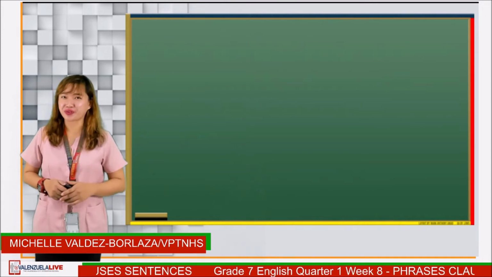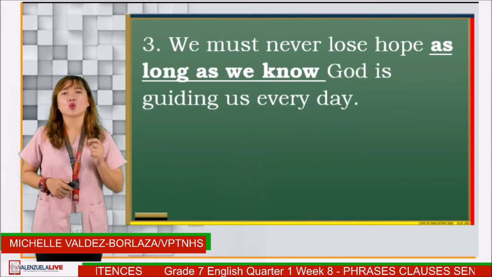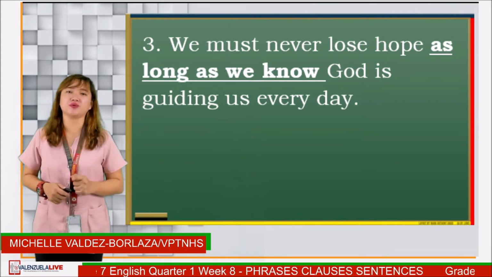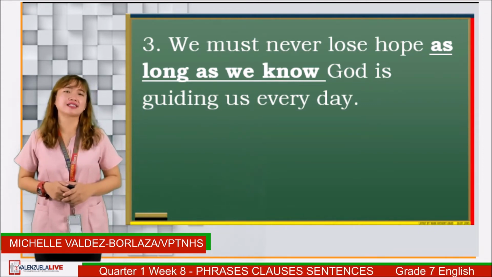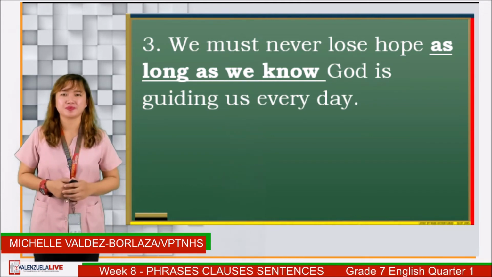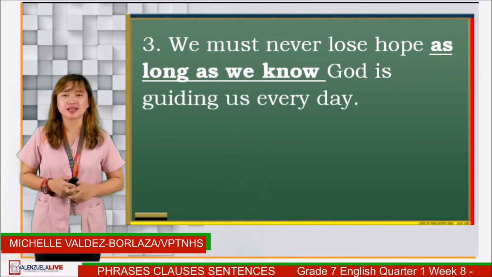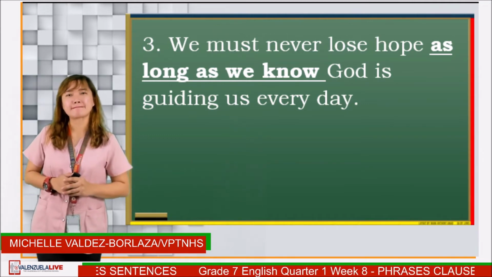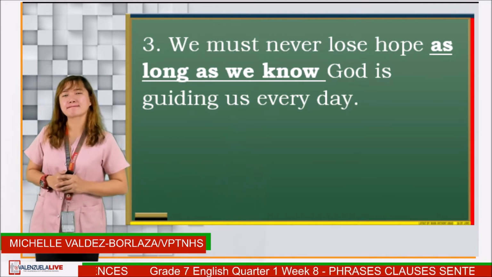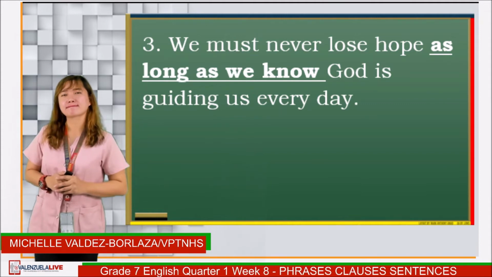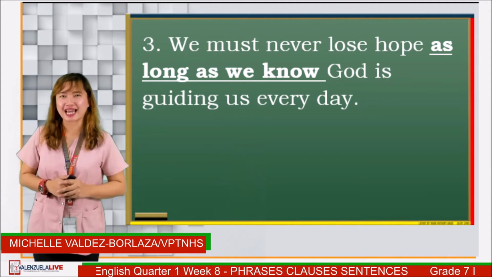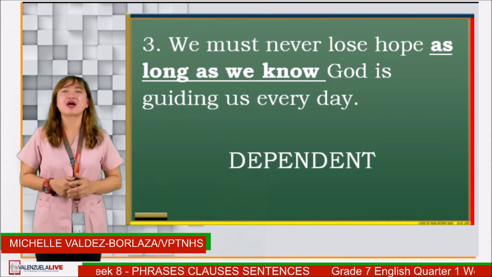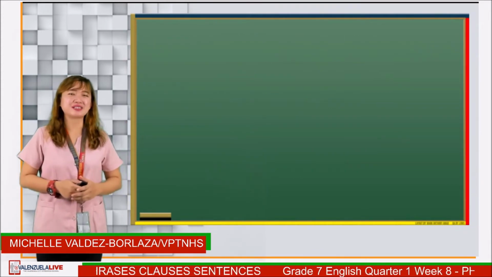Let's have number 3. We must never lose hope as long as we know God is guiding us every day. What clause is as long as we know? The correct answer? It's dependent clause. Very good, learners.